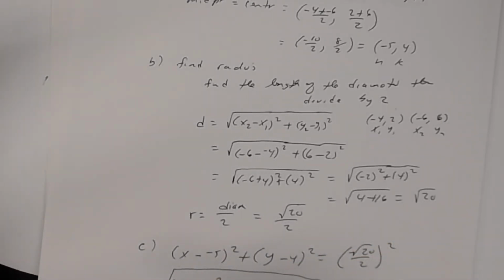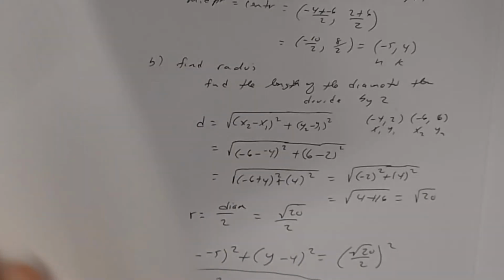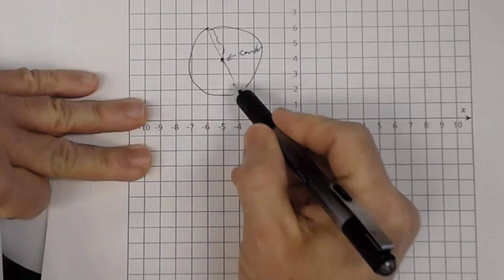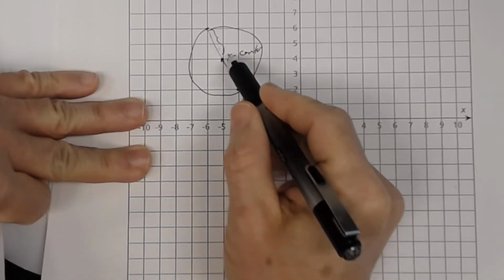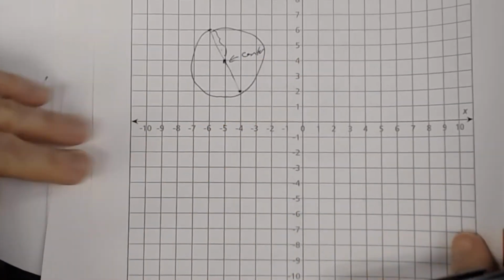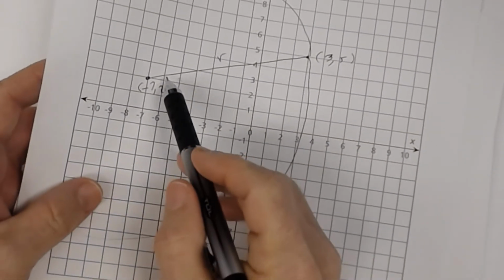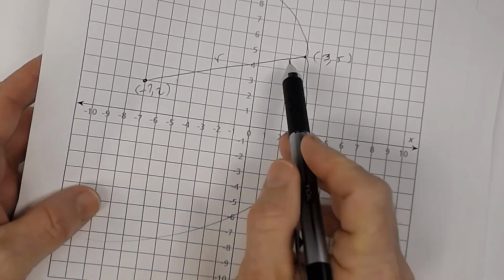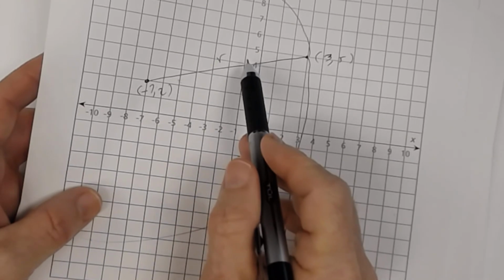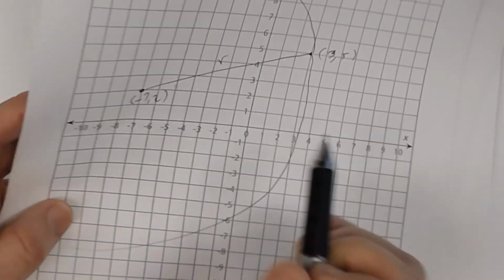So when you do the next one, don't take half of it. When we did number 1, we were finding the length of this whole segment, and that's a diameter, so the radius is half of that. In number 2, we're actually finding the length of the radius, not the diameter, just the radius. So you have to keep all that in perspective.